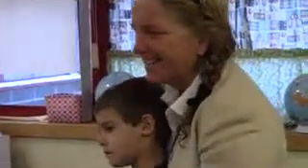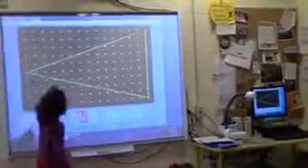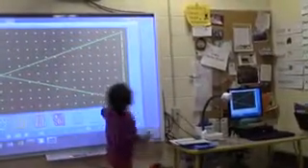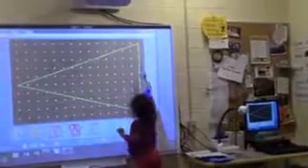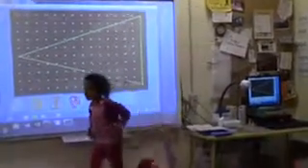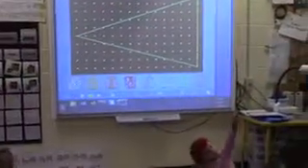Does anyone else notice anything else? Could you go up and show us where you notice those corners? 1, let's count with her, 2, and 3. Nice.